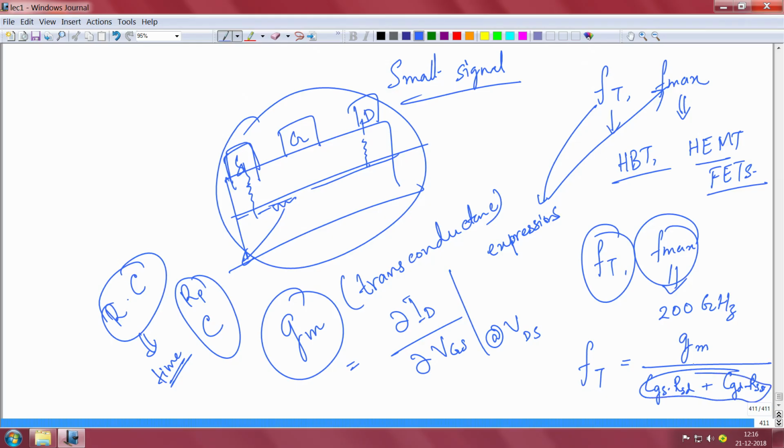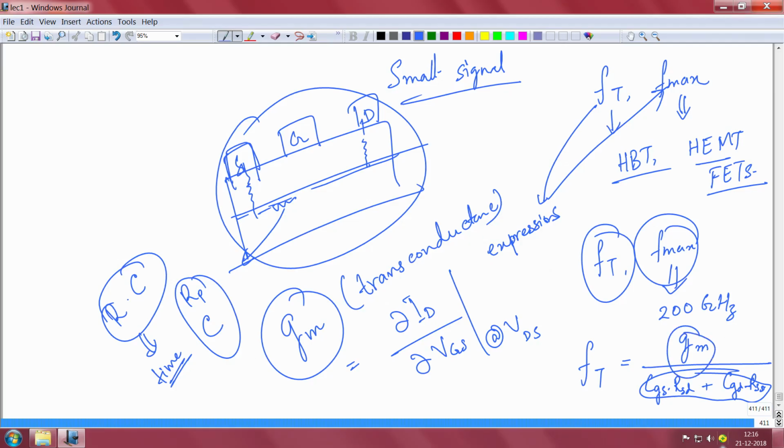In a way, all these parasitic resistances and capacitances tend to reduce the frequency response, the speed of the device. You need to make sure that your mobility is high, electron velocity is high, the parasitic resistances and capacitances are low, and your Gm is very high in order to get a better speed transistor.